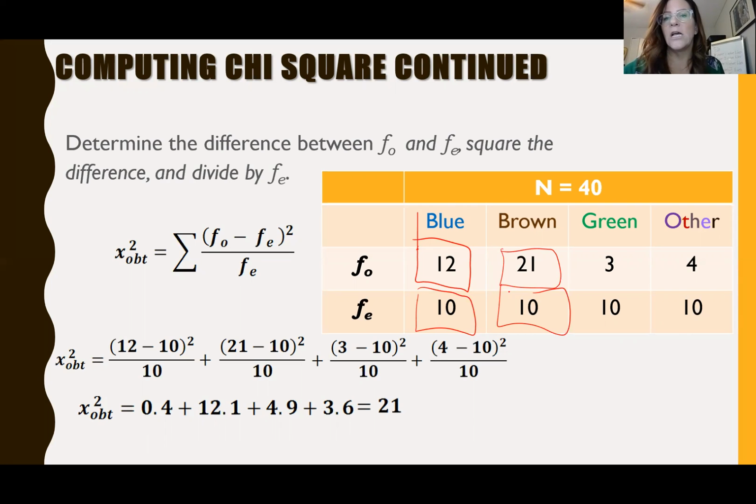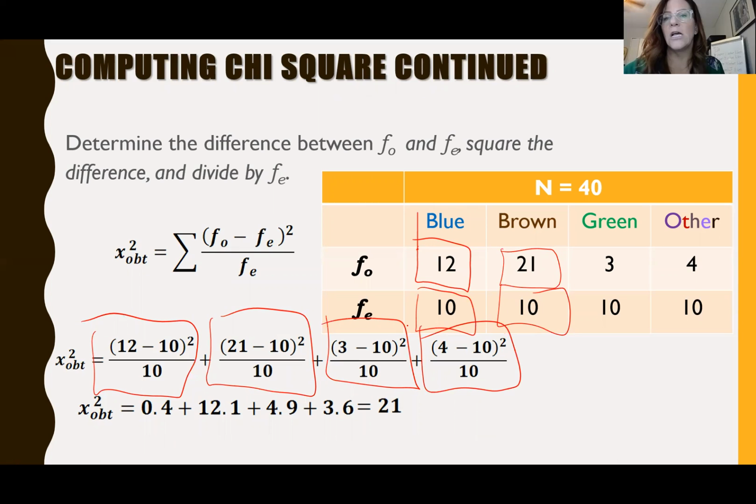However many categories or observed frequencies you have, that's how many little chi-square equations you should have. So here's 1, 2, 3, 4, one for each cell. Then we add up our obtained statistics.